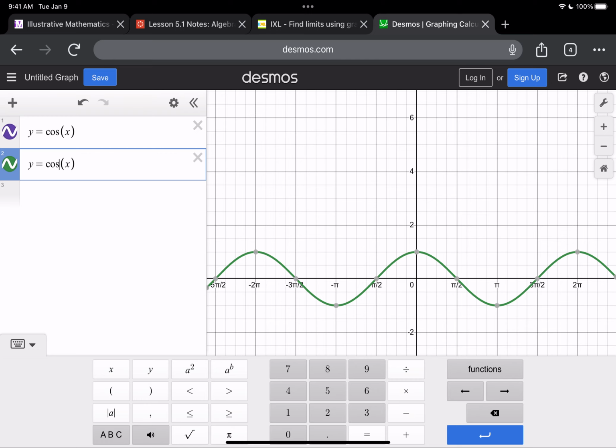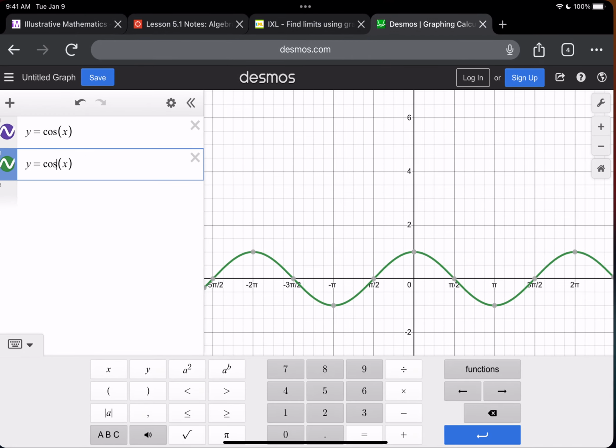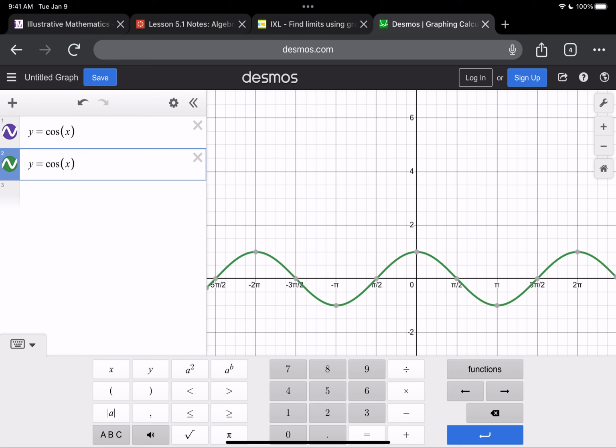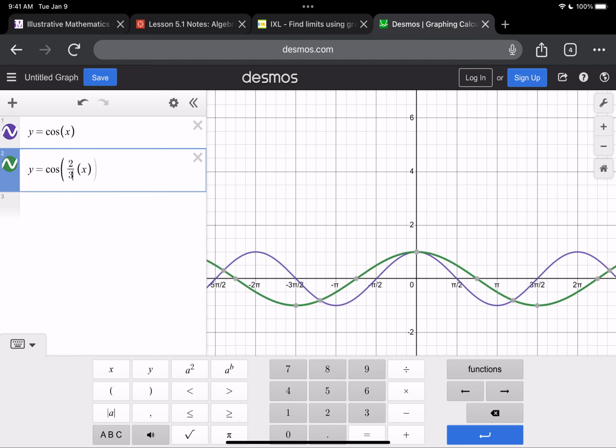But now, I'm going to do my b value, which is 2/3. So my b value is 2 divided by 3, let me put in parentheses. Great. We're going to close that parentheses.